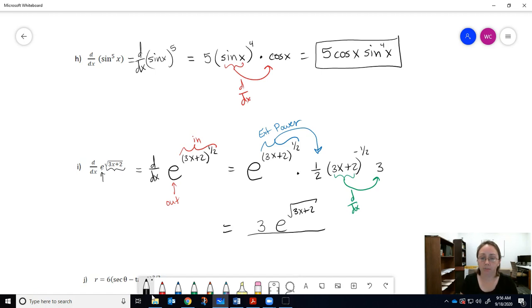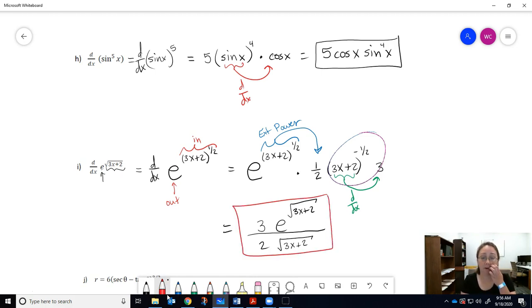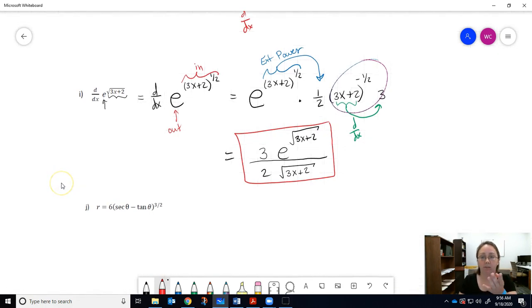And then the 2 is on the bottom. And I'm going to take this parenthesis with a negative exponent and bring it to the bottom. When I bring it to the bottom, it's going to have a positive 1/2 exponent, which means the square root of this here. And there you have it. Okay? So that's one way to rewrite it. Or you just leave it as is, put the 3/2 in the front.